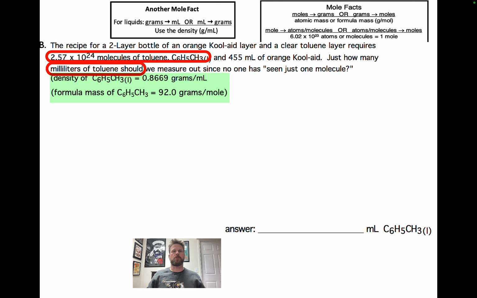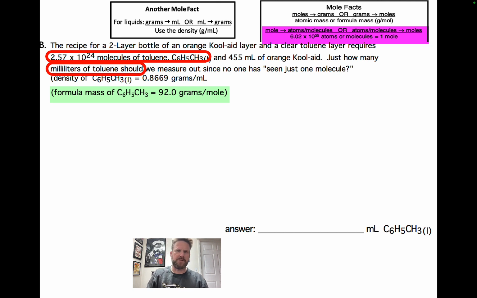Let's think about how to approach this long conversion. We are starting with molecules, and the only conversion factor we have that includes molecules is using Avogadro's number to convert from molecules to moles. Okay, if we use Avogadro's number to convert to moles, then we can use the molar mass to convert from moles to grams.